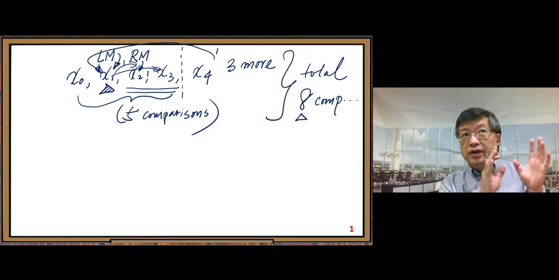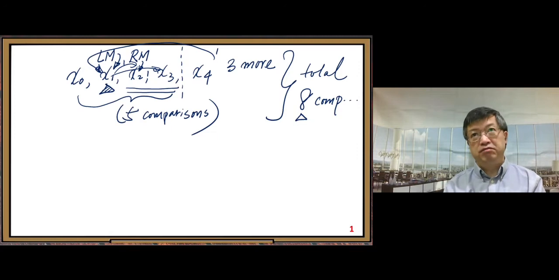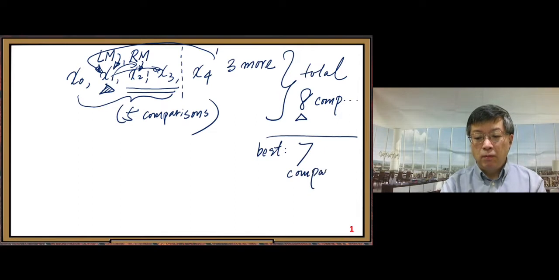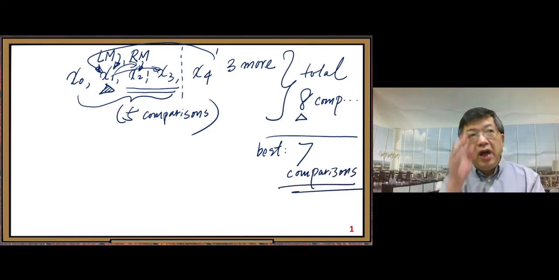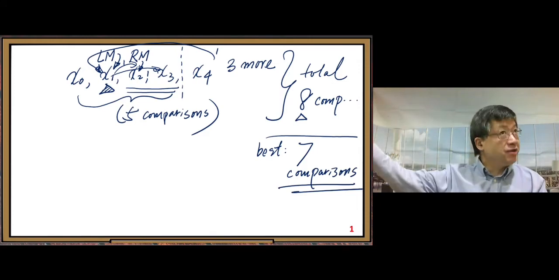That's the way we use our old solution. But I can tell you this is not the best solution. The best solution is 7 comparisons to sort any given 5-element array for the worst case.